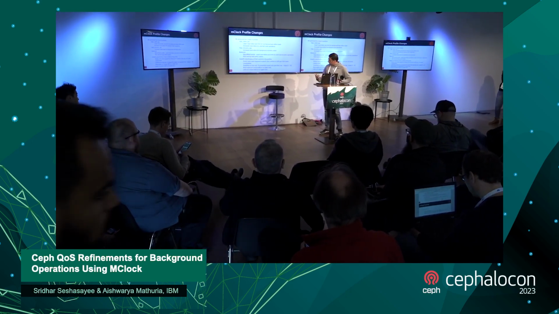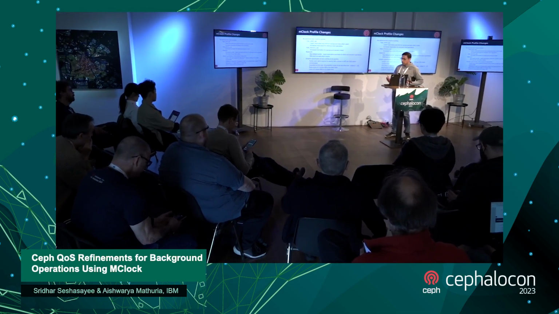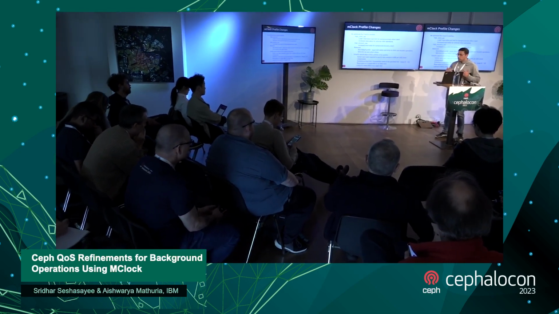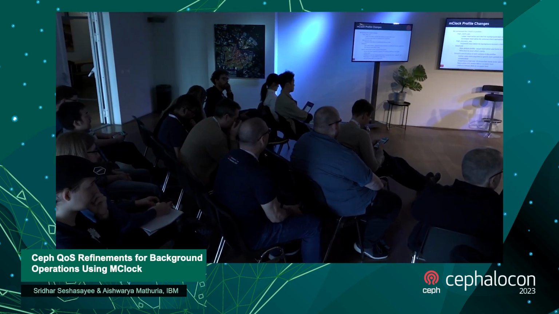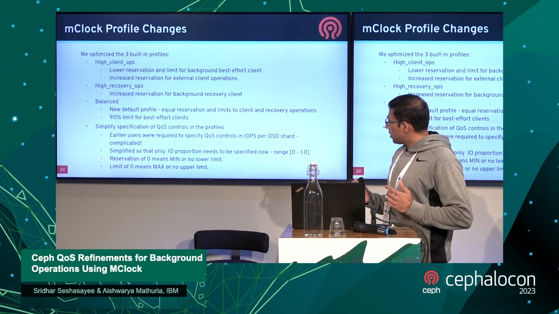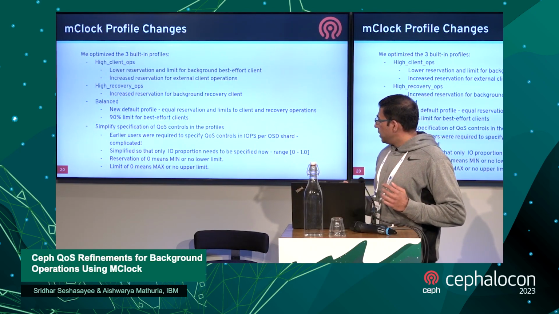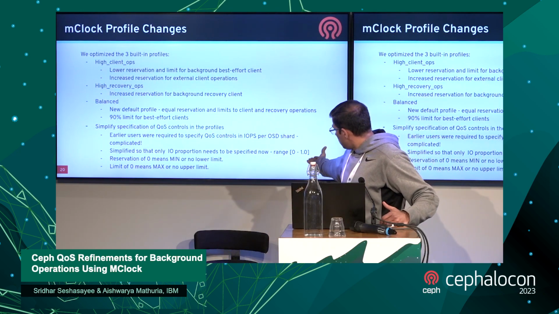Earlier, like what Aishwarya mentioned, we were setting these QoS controls in terms of IOPS, and the users were required to understand how many shards were there in the OSD and accordingly set those values, which doesn't seem user-friendly. So what we did was the QoS controls will now be specified in terms of a simple proportion in the range 0 to 1.